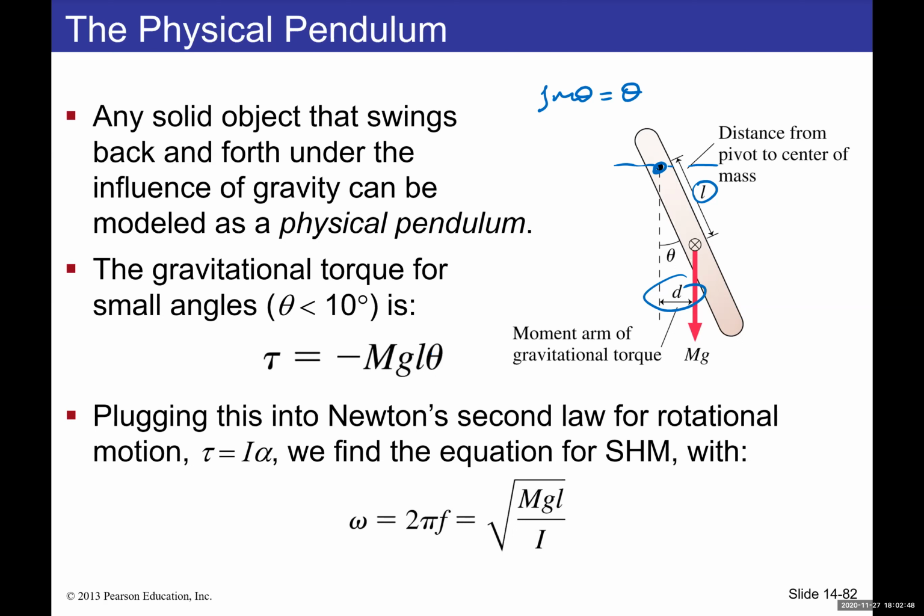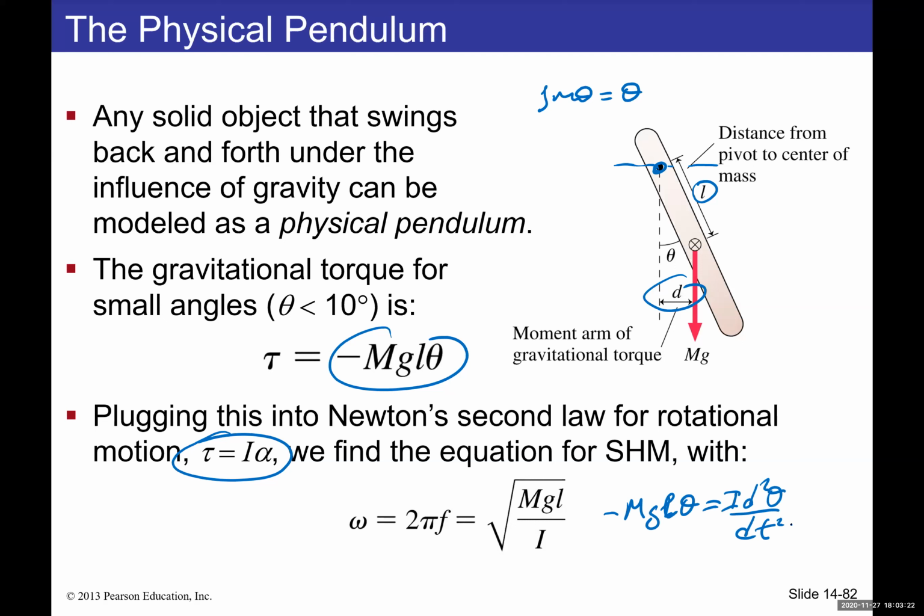So plugging this into Newton's second law for rotational motion, where torque equals I times alpha, we can find the equation for simple harmonic motion. So negative mgl theta equals I times alpha, which I'm going to rewrite as d squared theta over dt squared.